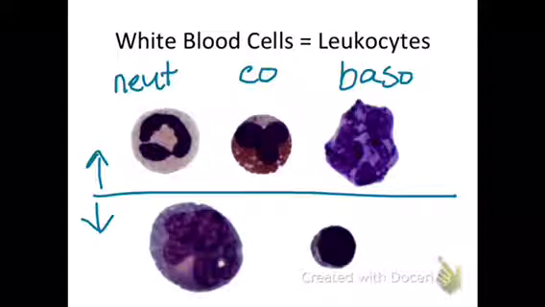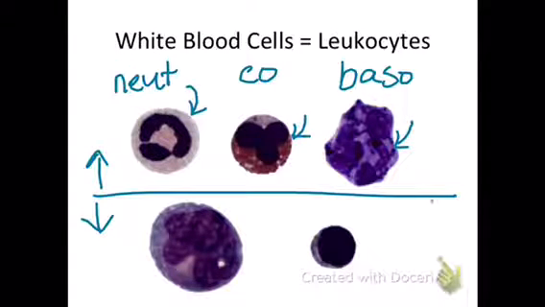And all of these are also called granulocytes, and that's because they have lots of granules in their cytoplasm. Within the neutrophils, though, the granules stain really pale, so you don't see the granules very distinctly on a blood smear. But eosinophils have bright red granules, and basophils have blue granules.